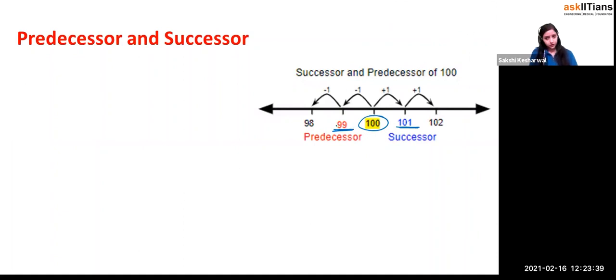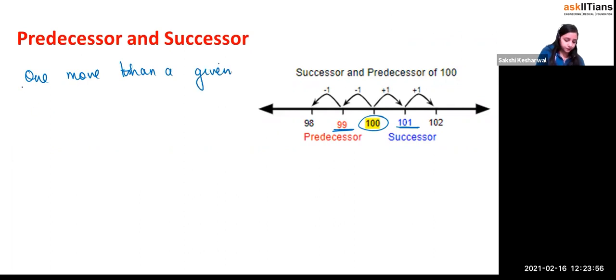Yes or no? So generally we say that one more than a given whole number is called its successor, right?